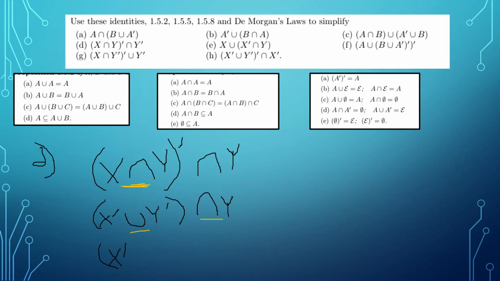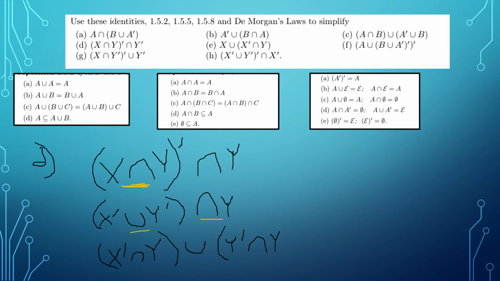So this will then become an intersection, and this will be y. Sign on the outside changes, union, open brackets. You now have y, which is not y, and then intersection y.